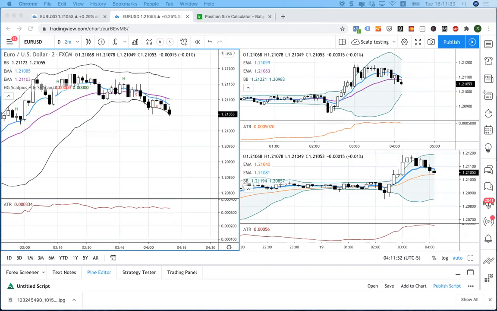Yeah, we've broken the low. Let's check if my stop is hit. I'm out.